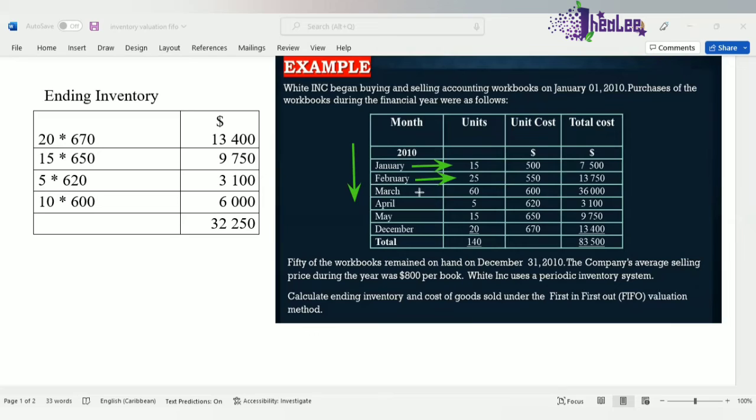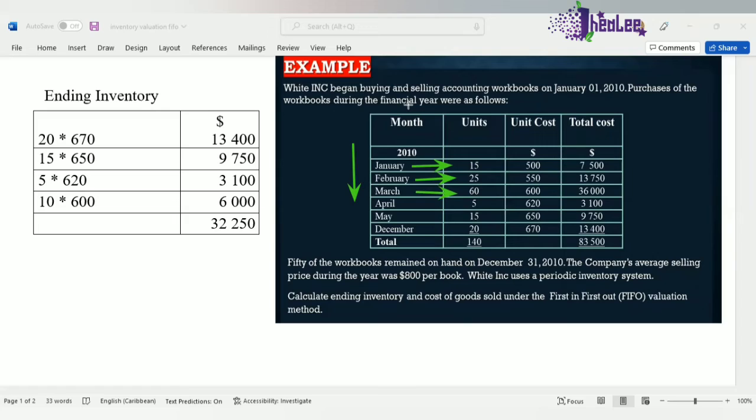We sold 50 units from March, so it therefore means that we now have the total number of units that we have sold. So out of the March purchase, we have sold 50 units. It means that 10 are remaining.